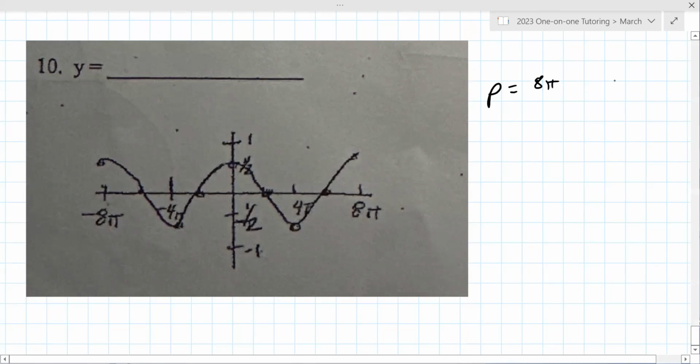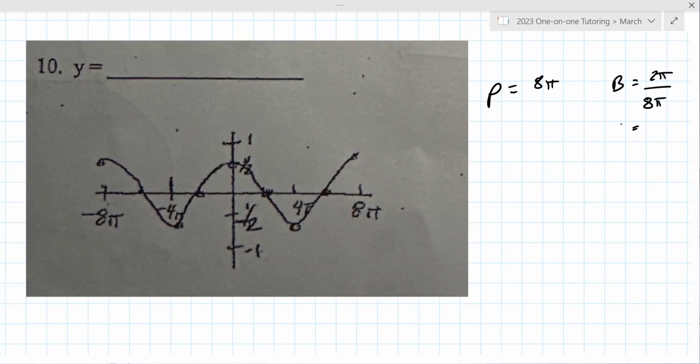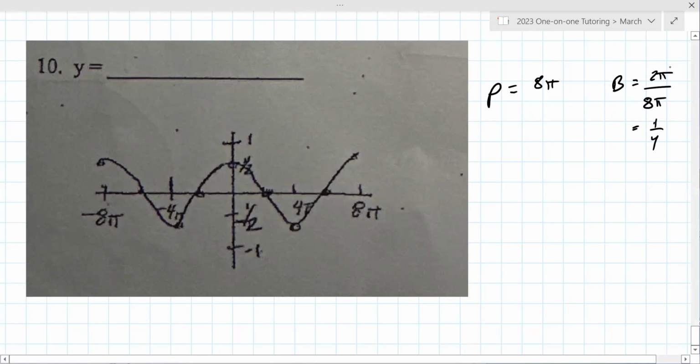Okay, so what is the B value then? So it'd be 1/4 pi. Just 1/4. The pi's cancel.